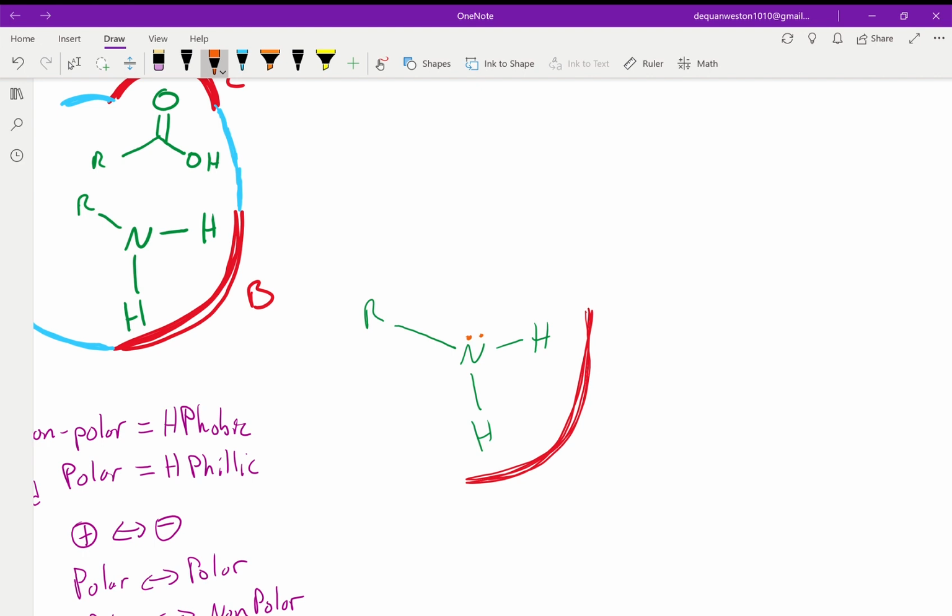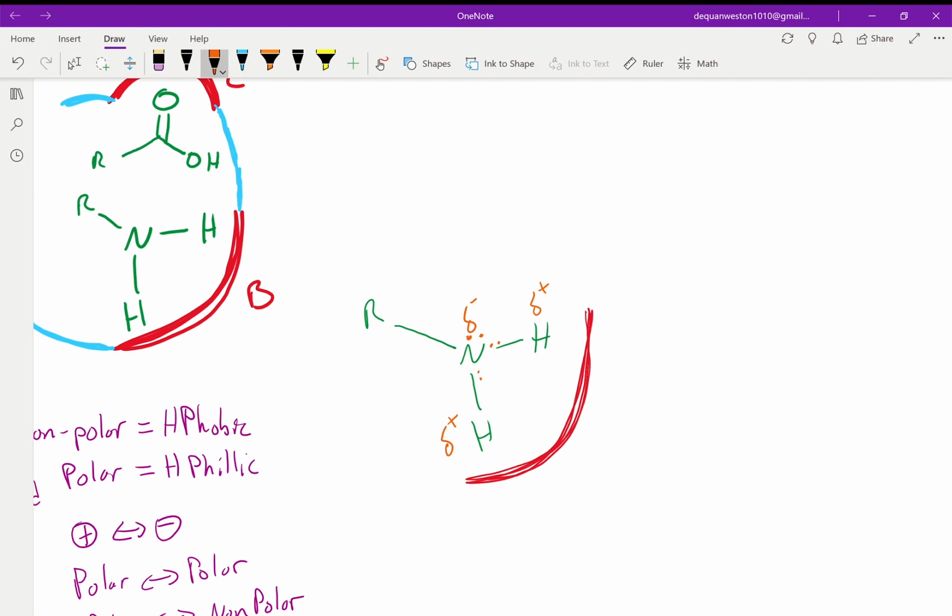It has 2 hydrogens. So basically it's not charged as far as a minus or a positive, but it does have a partial negative, and these have partial positives. And that's because nitrogen is electronegative, much more electronegative than these hydrogens. So these electrons in this bond are going to be close to here, just like how you guys are drawing.